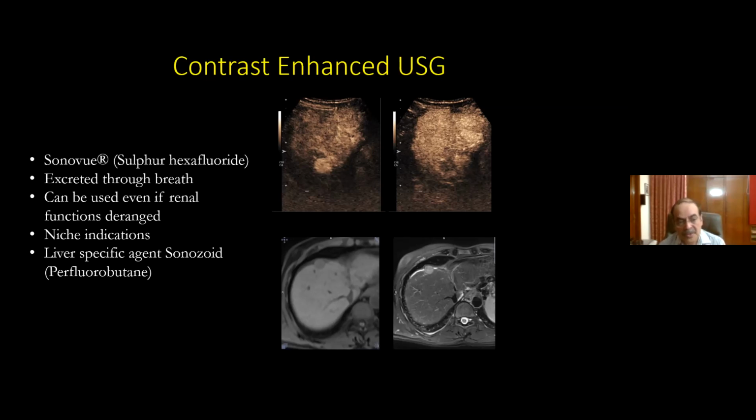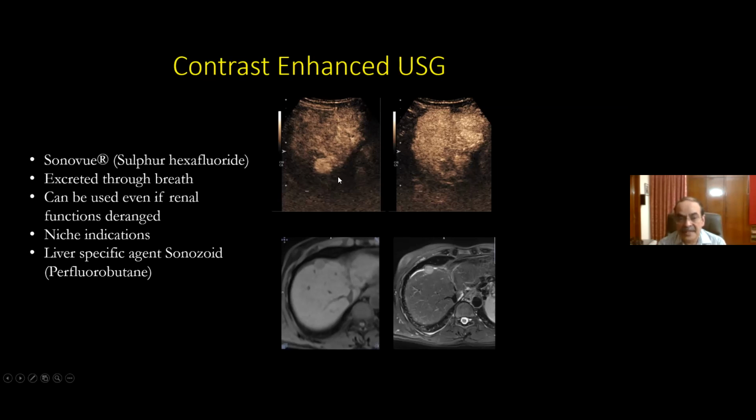For the purpose of postgraduates, there is also another agent which has been used a lot in Japan. It's a liver-specific agent called Sonazoid. It is taken up by the Kupffer cells in the liver. The compound is perfluorobutane, has some advantages in the workup of HCCs, but is not available in our country. This is an example of a T1 hypointense, T2 bright lesion on the surface of the liver.